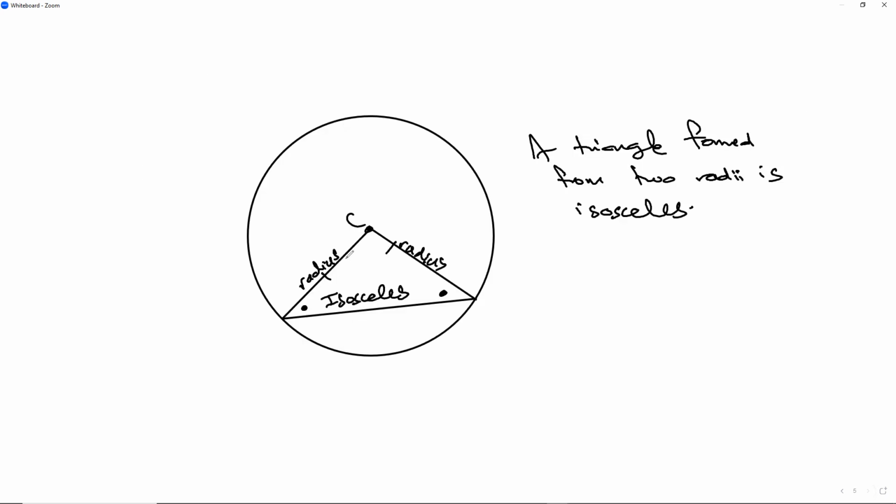The shortened version of this one here is radii equal, and depending on the question, you would also state isosceles triangle. This is when asked for reasons. So if not asked for reasons, you just need to know it and how to get the angles from there.